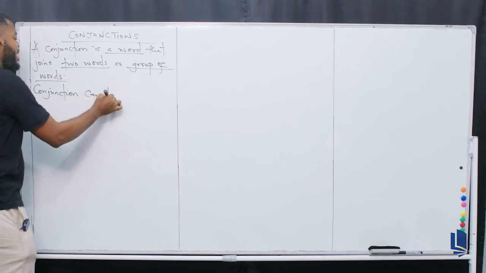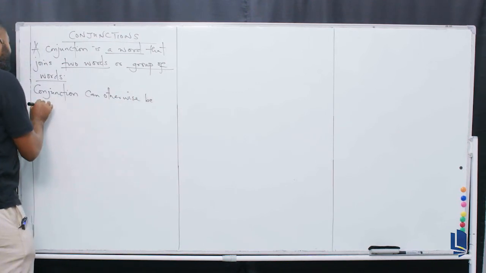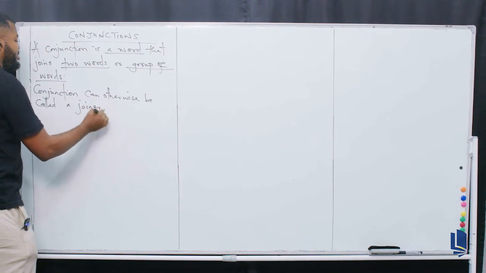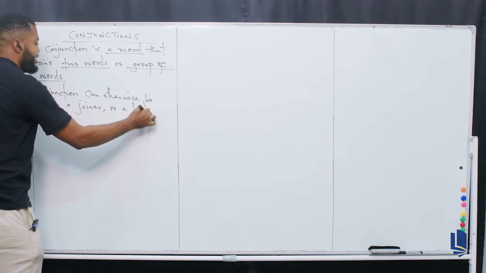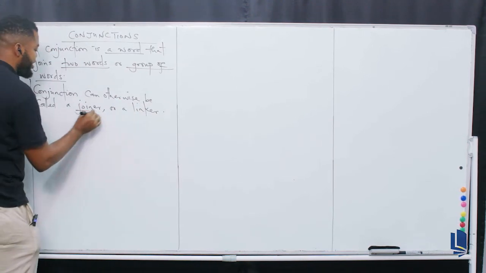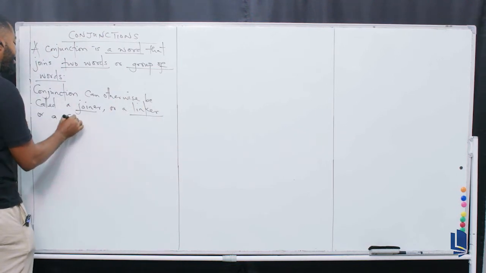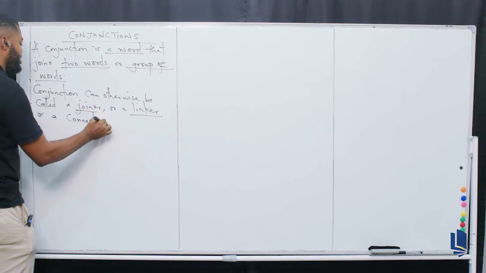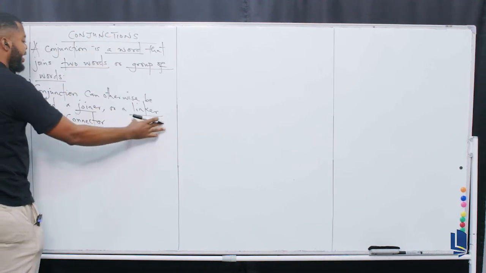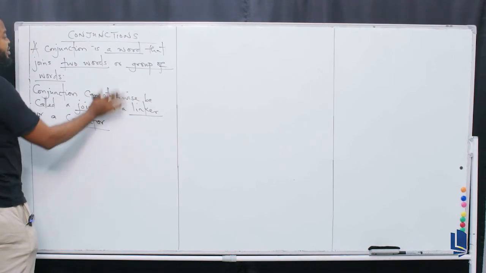Conjunction can otherwise be called a joiner or a linker or a connector. So it's either you call it a conjunction or a joiner or a linker or a connector. Those are other names by which you can refer to a conjunction.